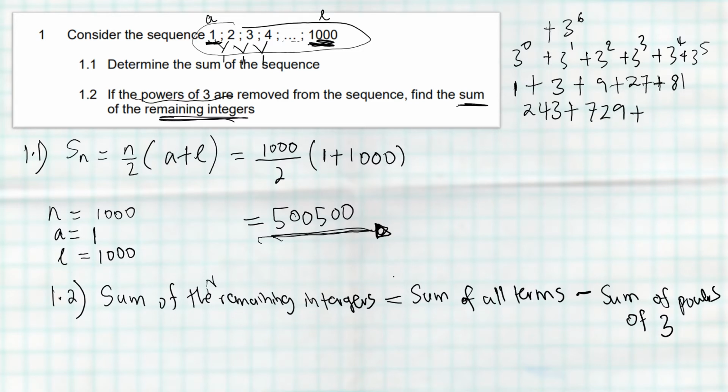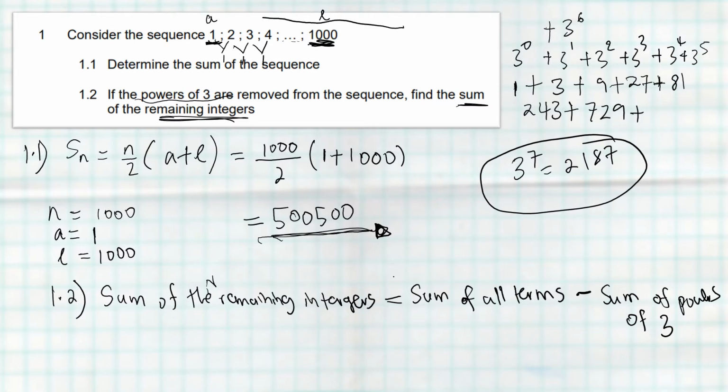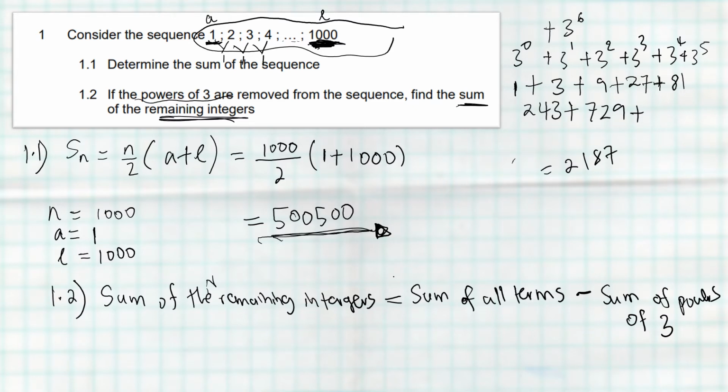Then 3 exponent 7, when you punch it in, is giving me 2187. So it's outside that sequence, because the sequence is ending on 1000. It means 3 exponent 7 we won't include.